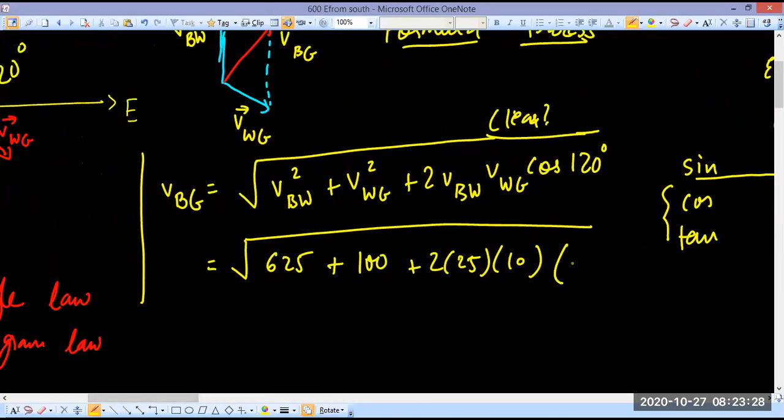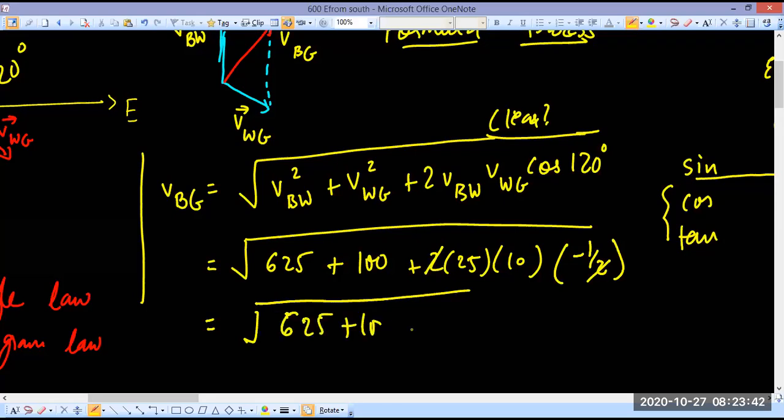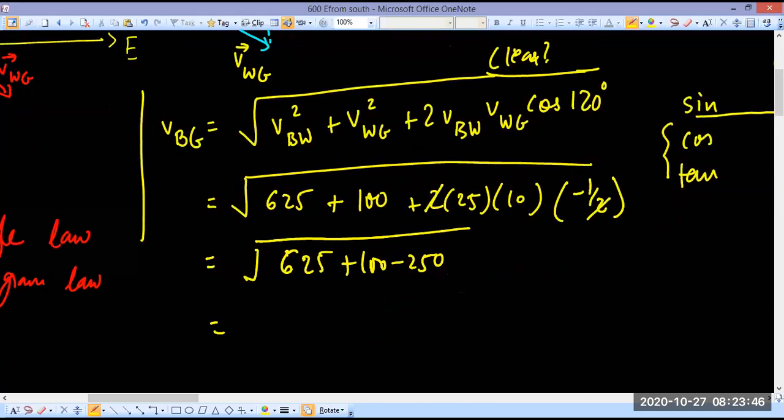So cos 120 degree is minus 1 by 2, right? So let's simplify this. Now there's nothing more to do. 625 plus 100, and 2 cancels. So this is minus 250. Okay, so 625 plus 100 minus 250, right? So that's going to give you your answer, whatever that is.